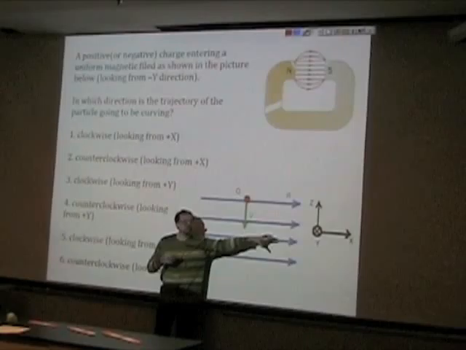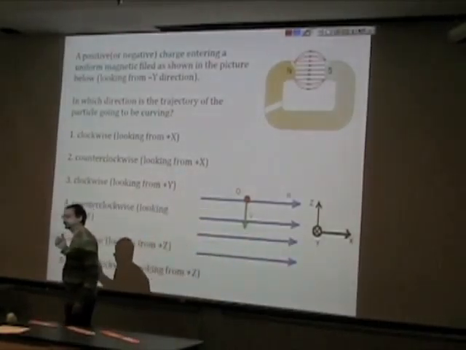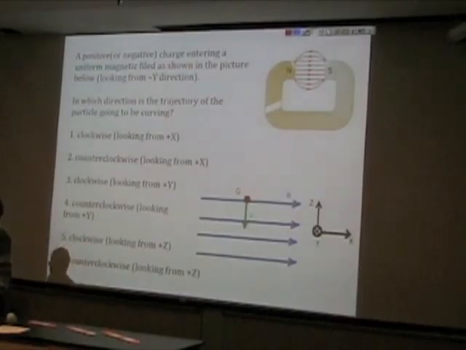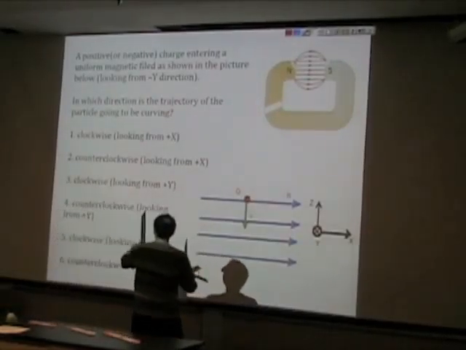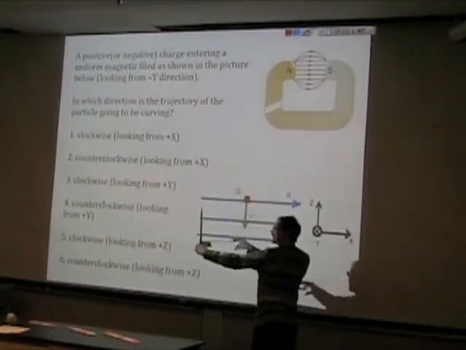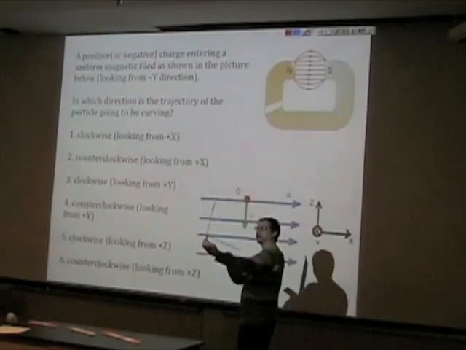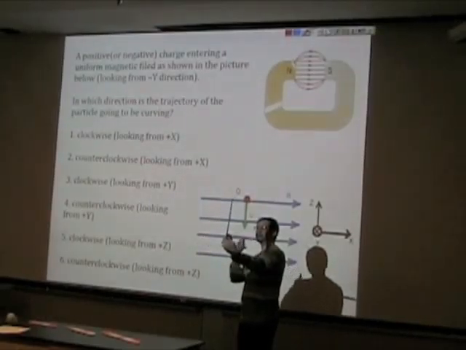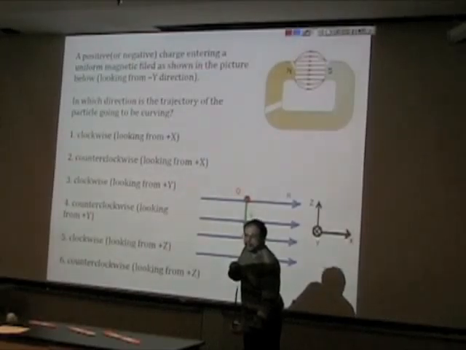The magnetic field points to the right, and we need to answer this question. To answer it, we have to put ourselves in the shoes of the observer, and that observer might be looking at this picture like this, from the direction of the positive x-axis, or like that, from the direction of the positive y-axis, or like this, from the direction of the positive z-axis.